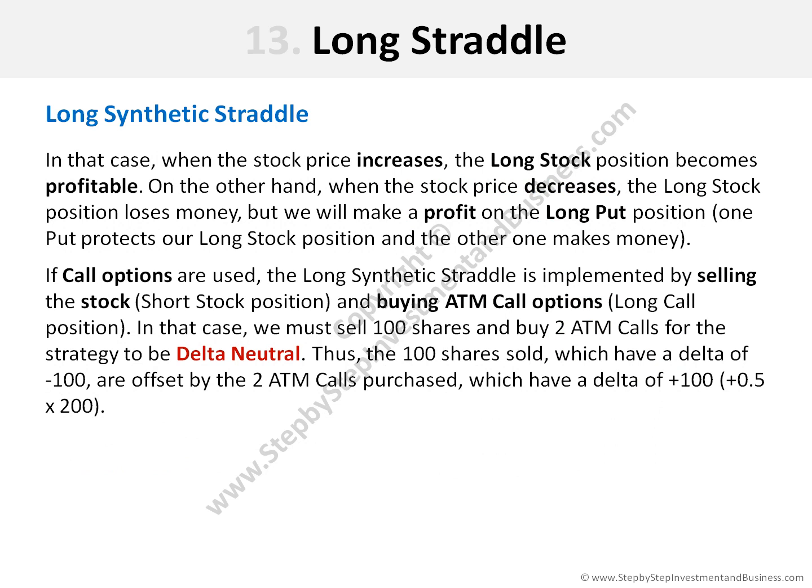In contrast, if call options are used, the long synthetic straddle is implemented by selling the stock, that is, by taking a short stock position, and buying at-the-money call options, that is, by taking a long call position. In that case, we must sell 100 shares and buy 2 at-the-money calls for the strategy to be delta neutral.